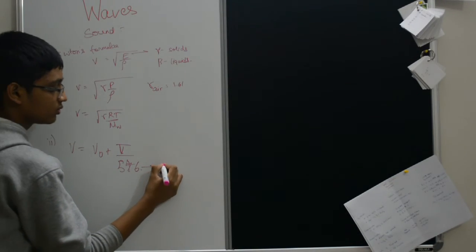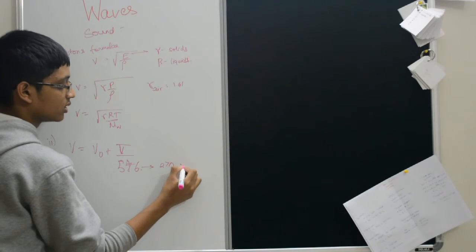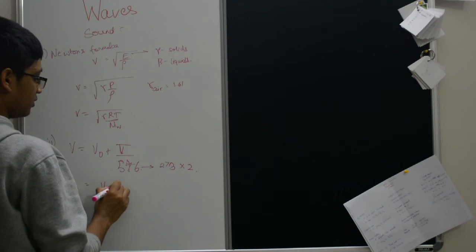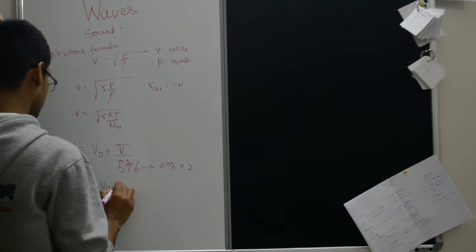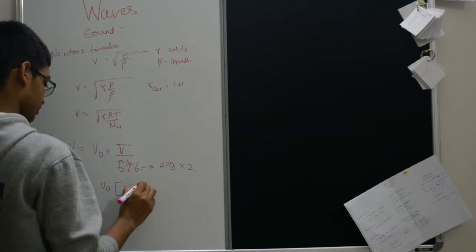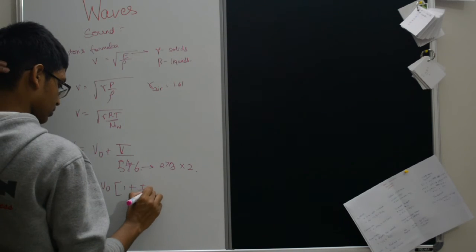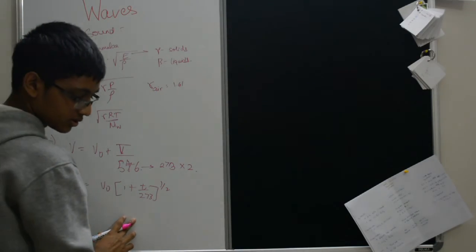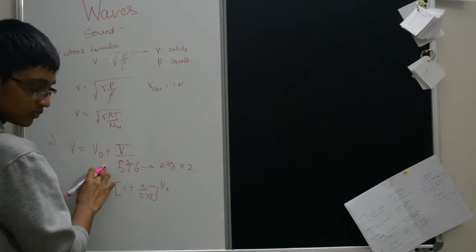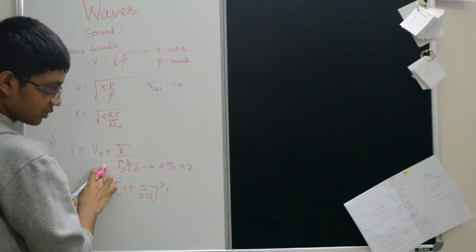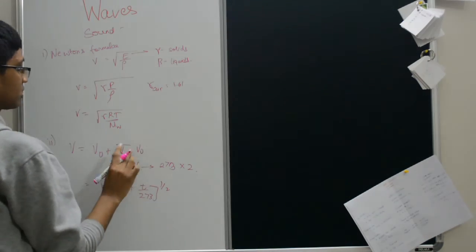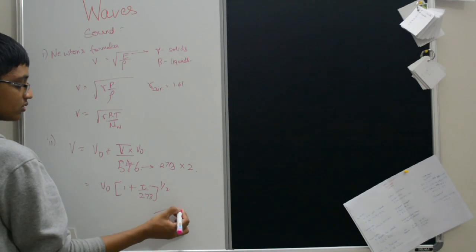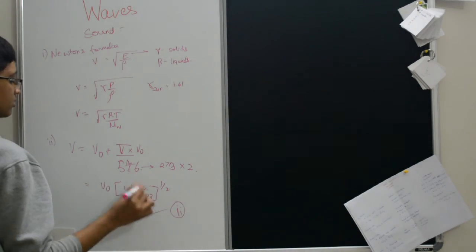You can remember this as 273 times 2, because the formula is v = v₀(1 + t/273)^(1/2). If you expand that, you get v₀ plus v₀t/546. This is the more important one, just remember this. This is the second equation; the first one is as follows.